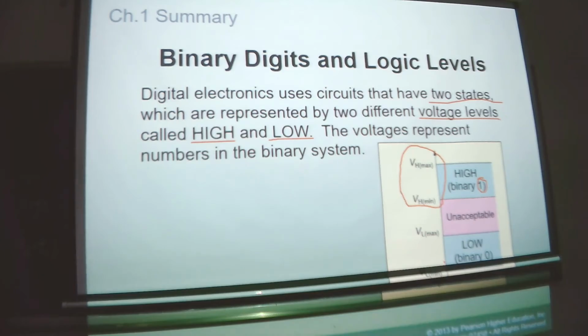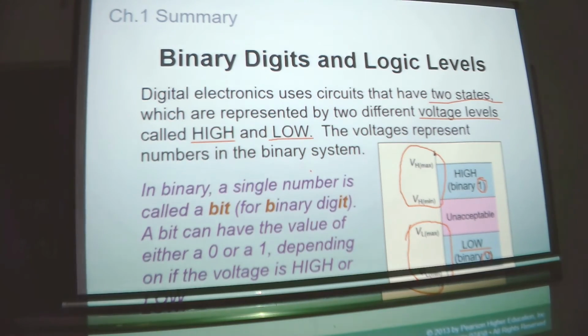If the value of a voltage is between VL min to VL max, we say the value of the voltage is low, and it is used to represent binary 0. So this kind of system is called a binary system.